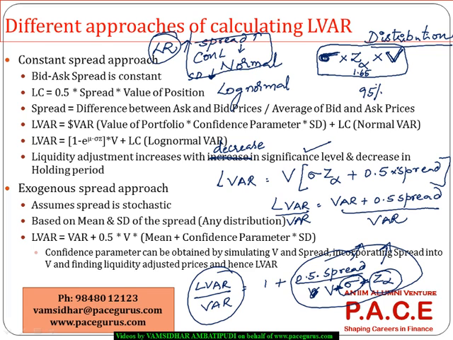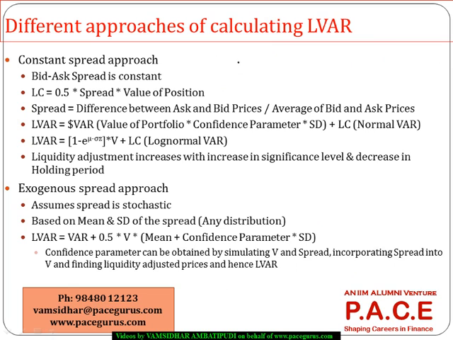Now, one more small thing: if I don't assume that VaR is a normal VaR, I look out for the same thing as a log normal VaR. So in case of log normal asset returns, what is the formula for your VaR?